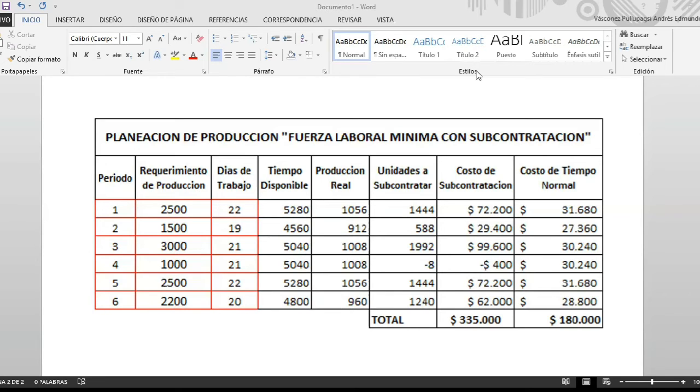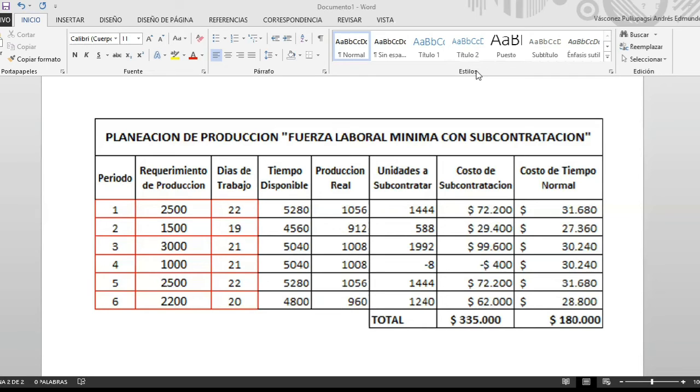Actual production is 5280 divided by 5. Actual production is 1056.